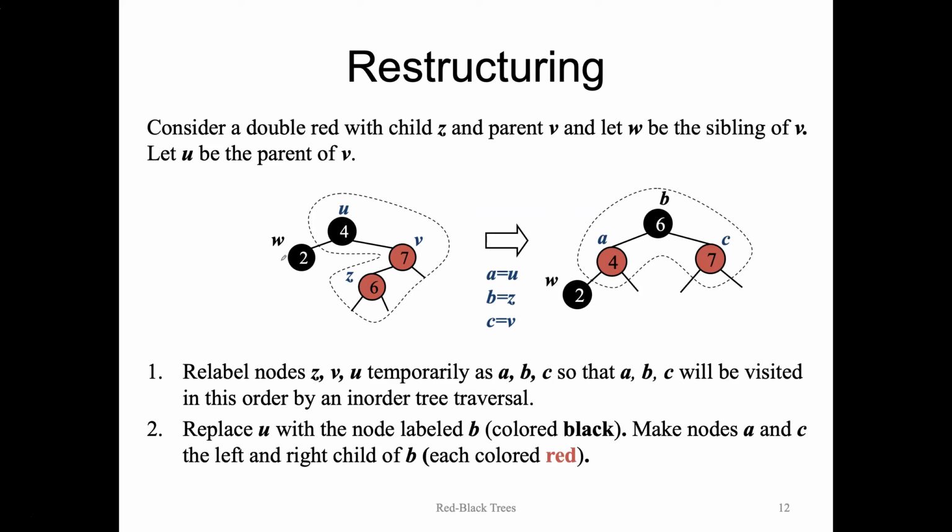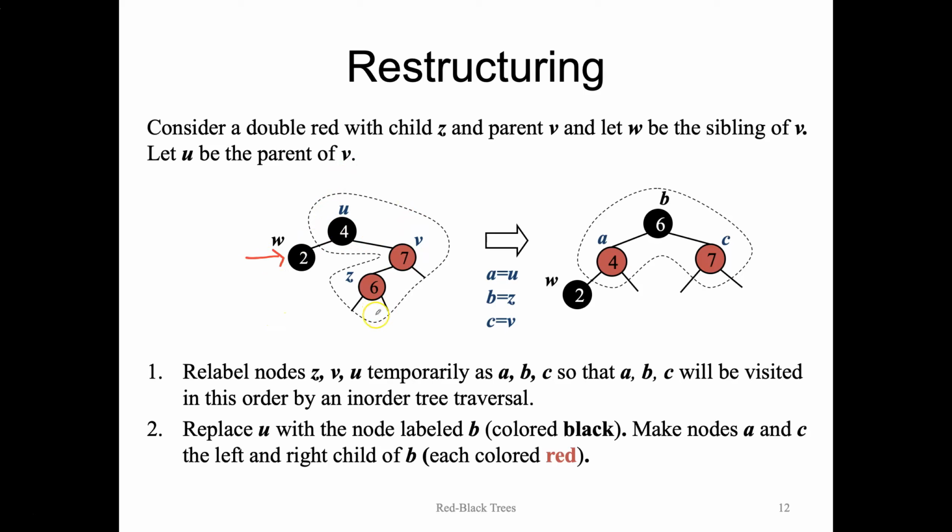So with the restructuring, because we have two red nodes here, we try to shift things so that we distribute those red nodes, one on the left side and one on the right side. But we still have to maintain the binary search tree and the other color properties. Again, this is the case where W is black.